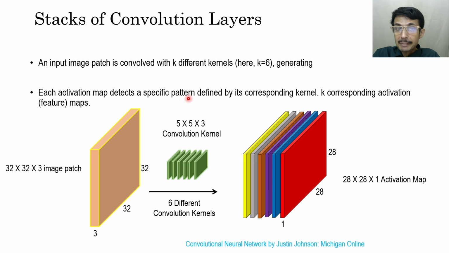So each activation map detects a specific pattern defined by its corresponding kernel, and we get k corresponding activation maps. Each activation map is 28 cross 28, and using the pen, this is 1, this is 1, this is 1, and so on. Ultimately, the total activation is 28 cross 28 into 6, because k is equal to 6.